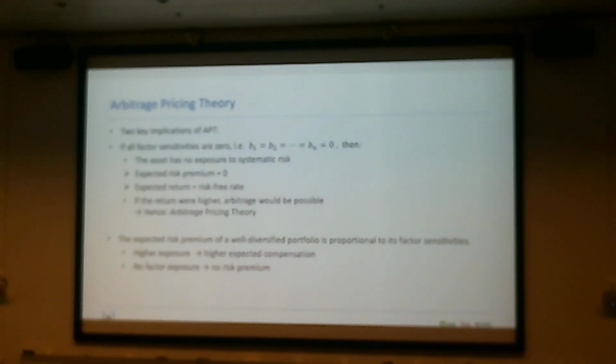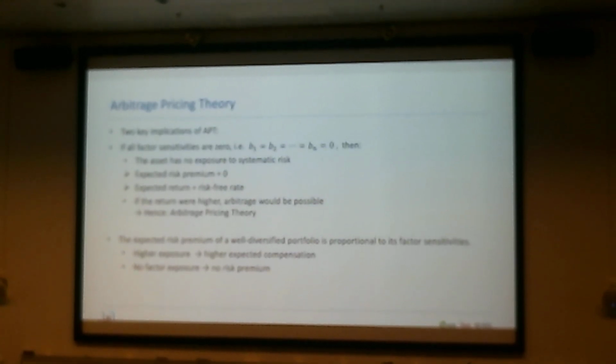And this is basically actually where the name comes from, because you can think of if the return of a stock would be higher than the risk-free rate, although it's not exposed to any risk, then you could make some profits by just buying this asset and selling the risk-free rate, which is risk-free. And the risk-free profits are basically impossible here, because this is what we call arbitrage.